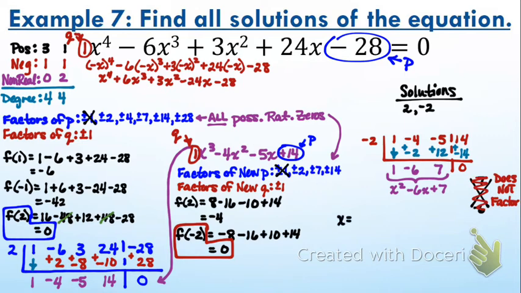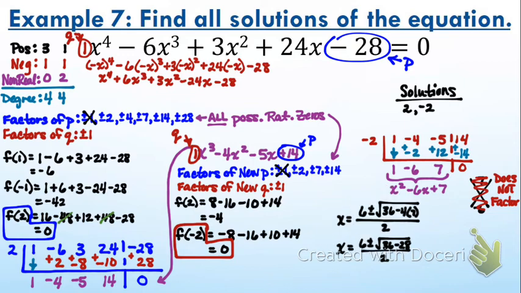So x equals negative b plus or minus the square root of b squared minus 4 times a times c all over 2a. So that would give me x equals 6 plus or minus the square root of 36 minus 28. Not going to be imaginary zeros here, because that's going to be a positive number underneath that square root.